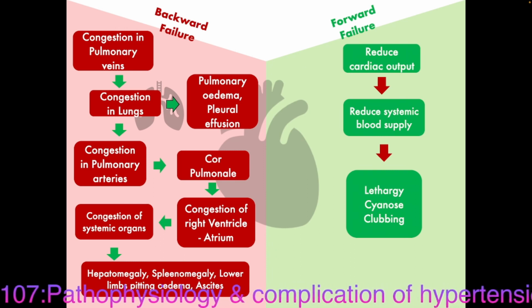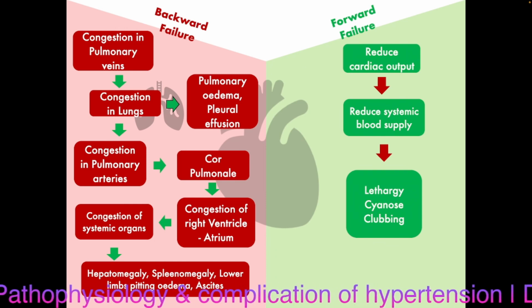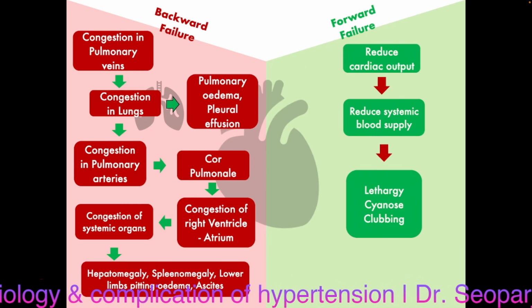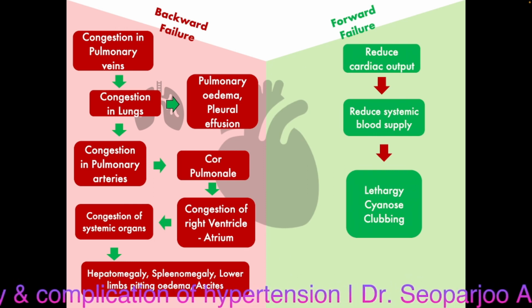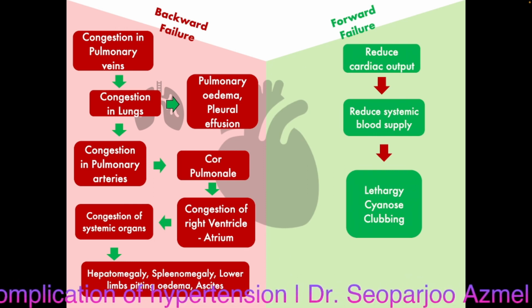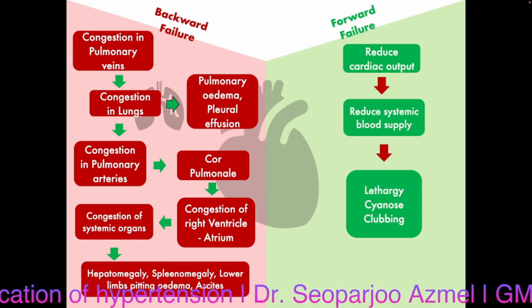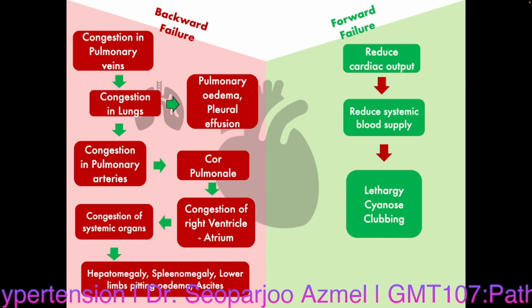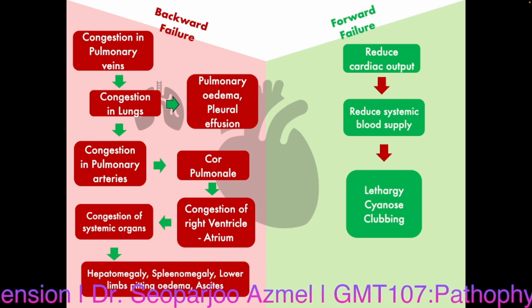Forward failure means the circulation distal to the heart is affected. This is caused by reduced cardiac output, because when there is left ventricular hypertrophy, even though the left ventricular wall is thicker, the function is not that good.